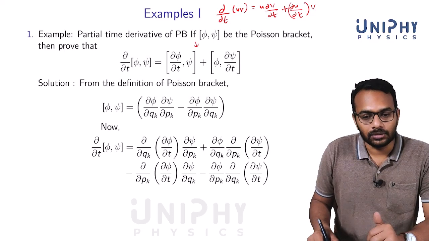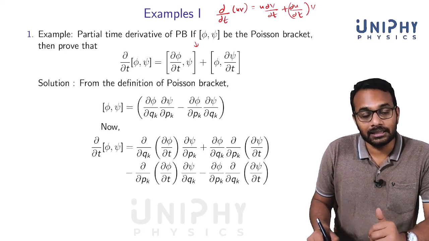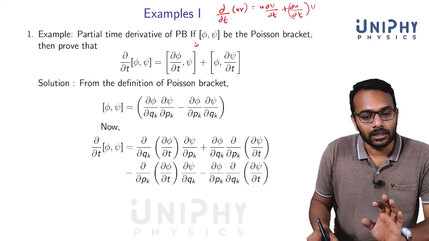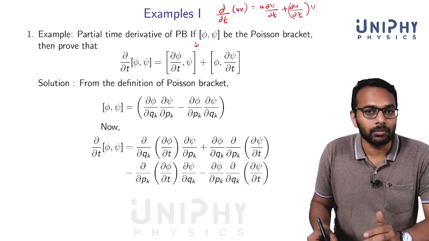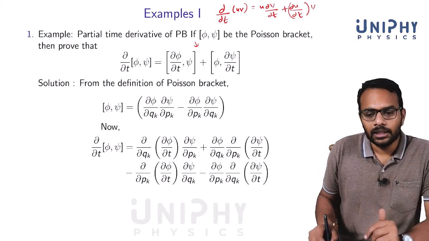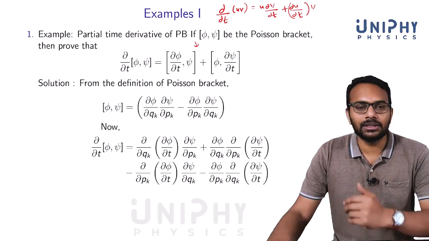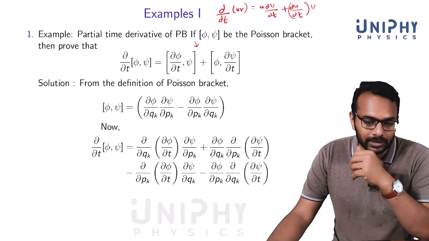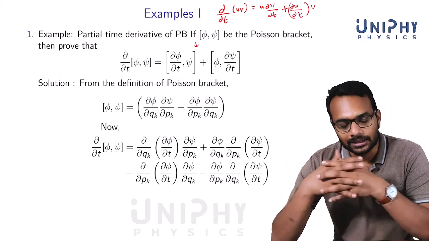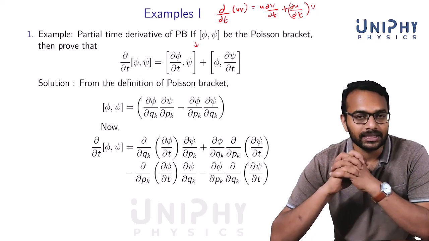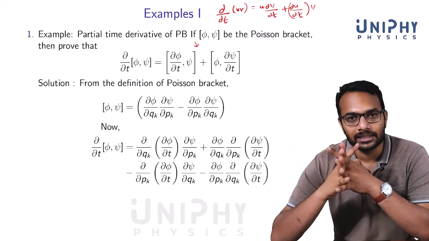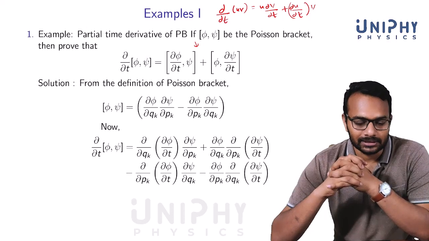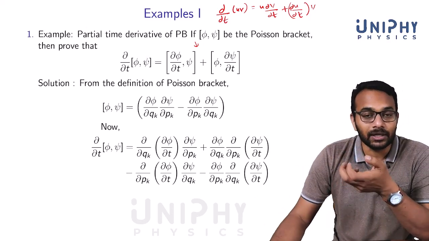Okay. So we need to find the partial derivative of the Poisson bracket phi comma psi. For this one, we'll use the fundamental definition of Poisson bracket, and remember that throughout we'll always use the Einstein summation convention, which means that there is a summation over repeated indices. Now for this one we'll use the fundamental Poisson brackets.